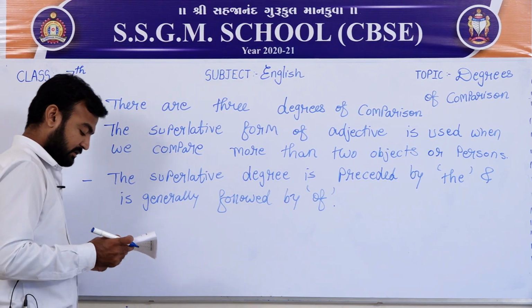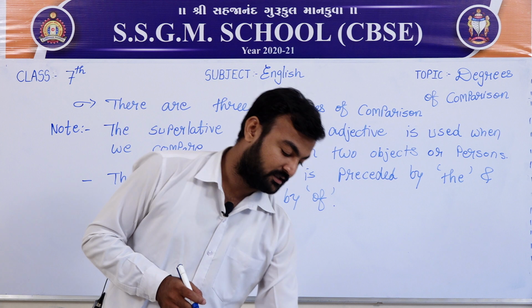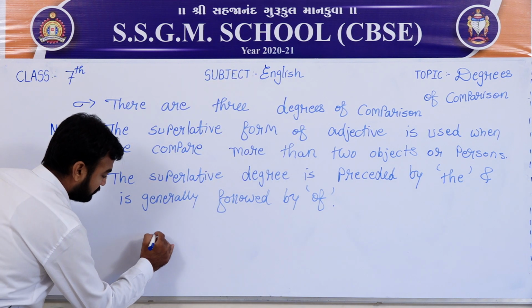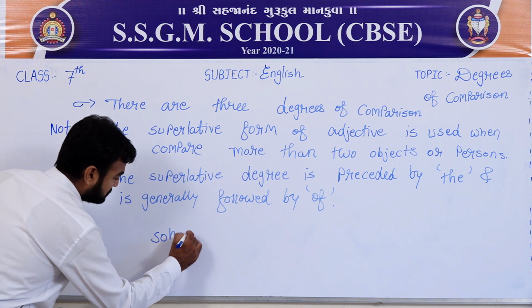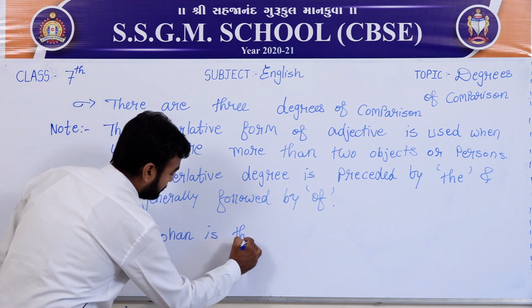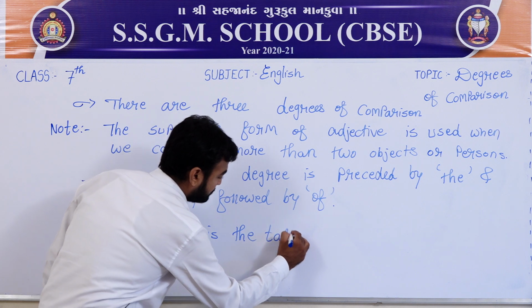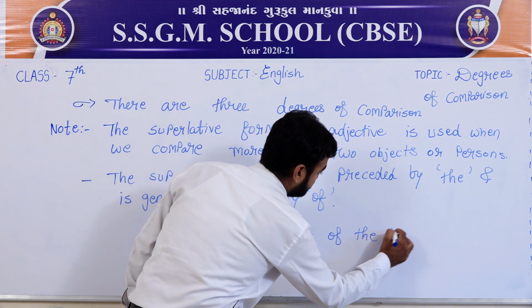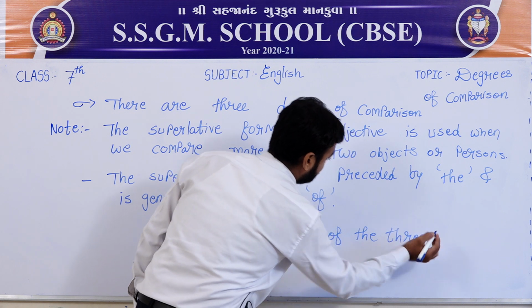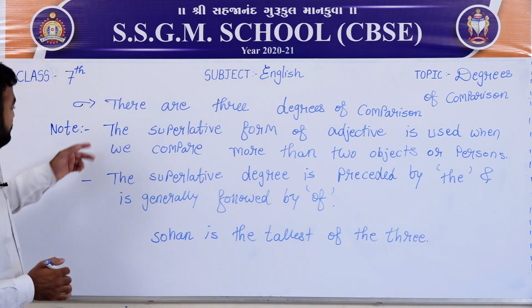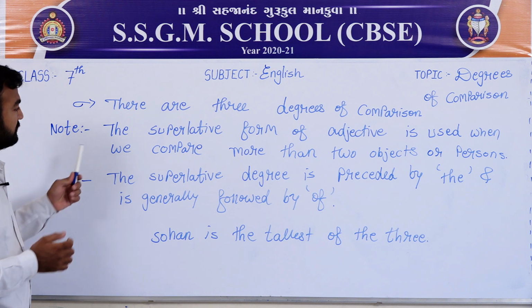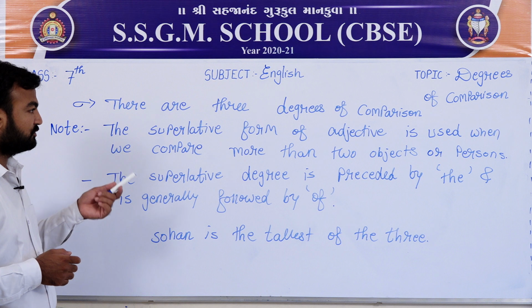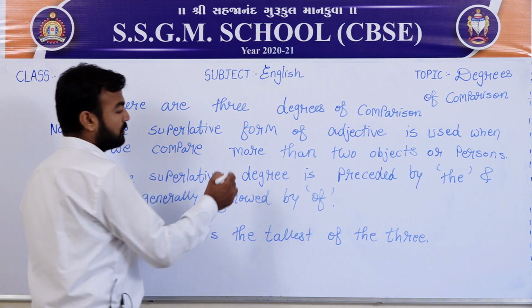Okay, so I already wrote the example, that once again I'm writing to explain you these two notes. Sohan is the tallest of the three. So see students, let me explain this note. Note number 1 is the superlative form of adjective is used when we compare more than two.